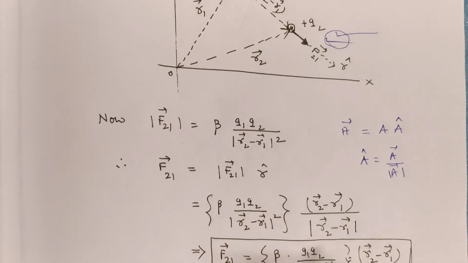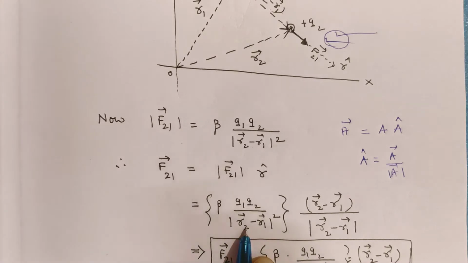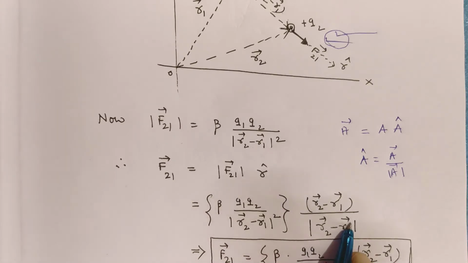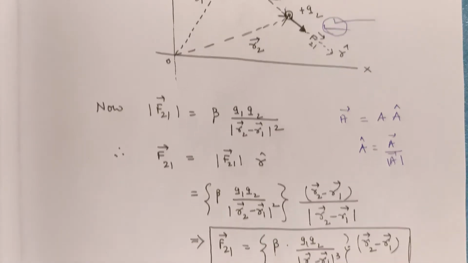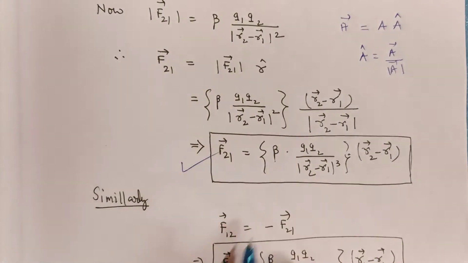Now you see here the magnitude squared of R2 vector minus R1 vector, and this one is R2 vector minus R1 vector magnitude. So this one will be the mod cubed of R2 vector minus R1 vector. So this represents beta Q1 into Q2 divided by mod cubed of R2 vector minus R1 vector, times the displacement vector. So you see the expression of F21 vector.